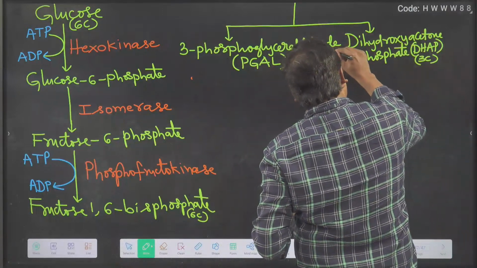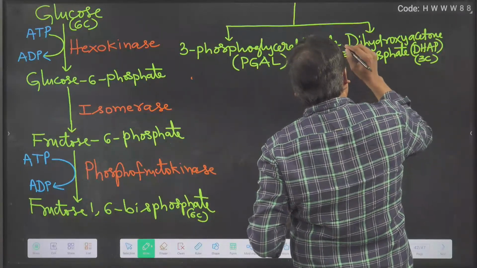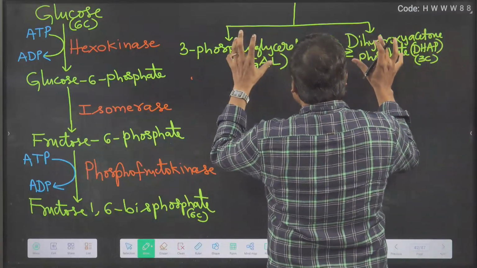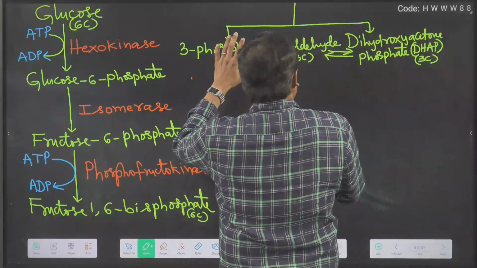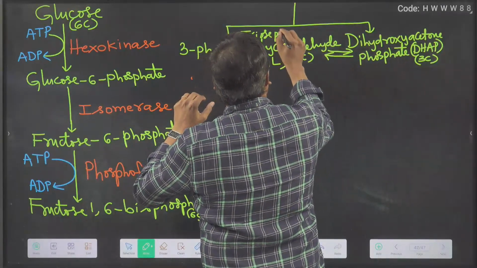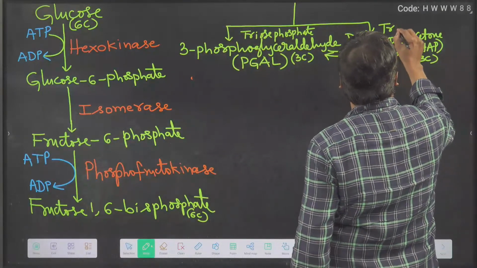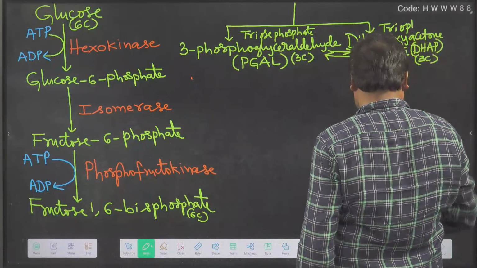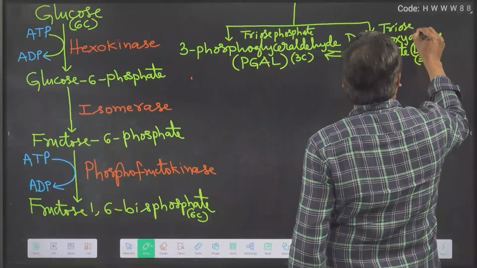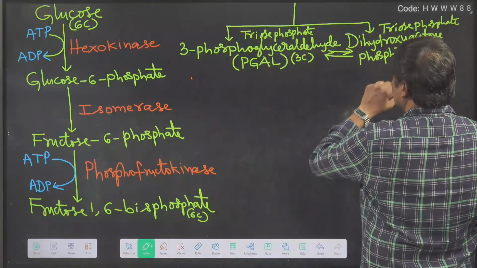These two are isomers. You can also call these triose phosphates. This is one triose phosphate, and this is another triose phosphate. Both are triose phosphates, 3-carbon compounds.